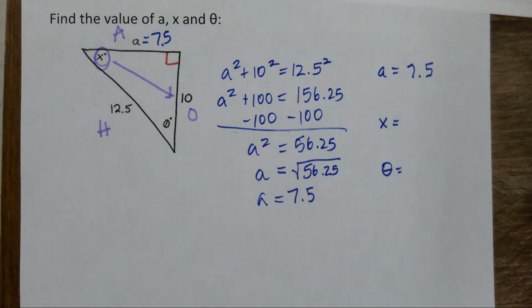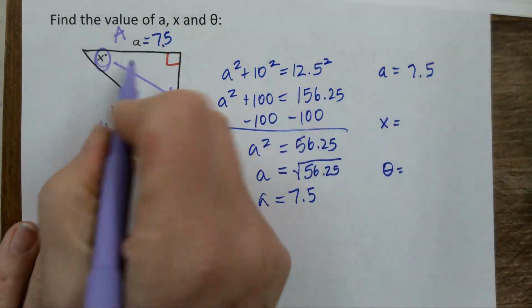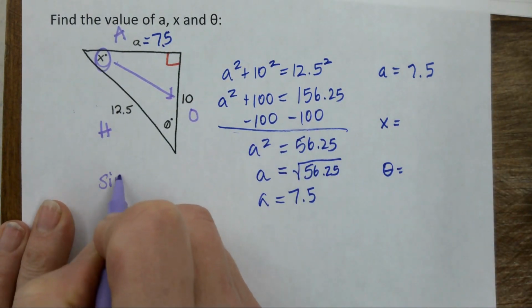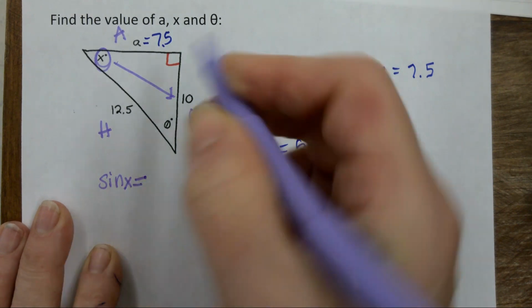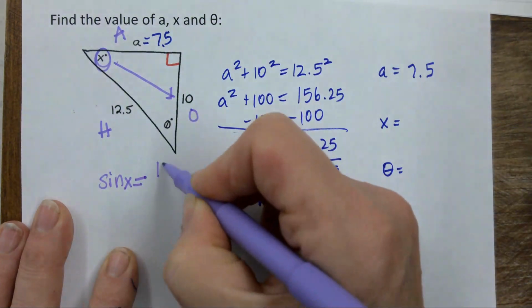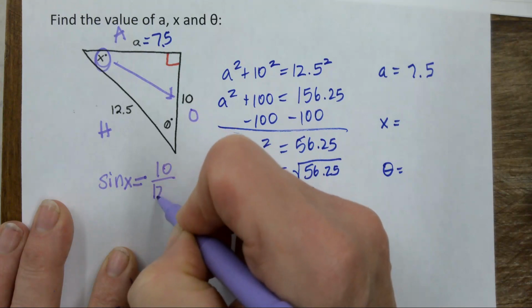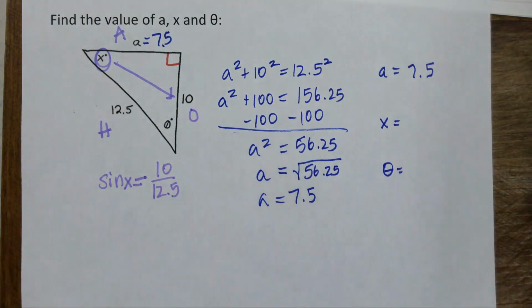Sine, great. For no reason other than it's the first one usually. Okay, so this would be the sine of x is the opposite 10 over the hypotenuse 12.5. You could do this same job choosing cosine or tangent as well.